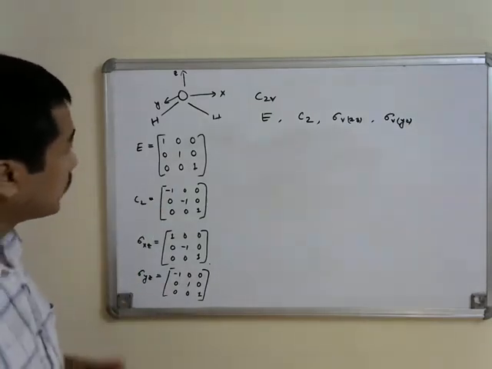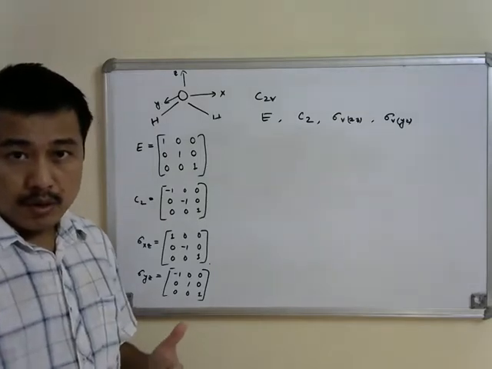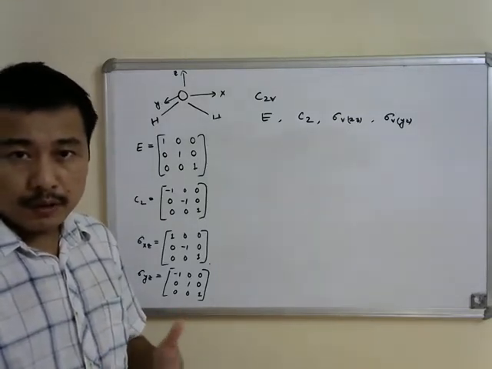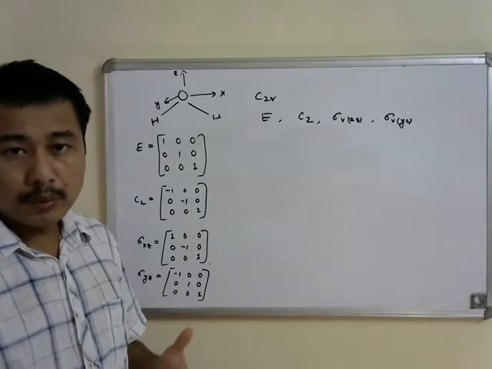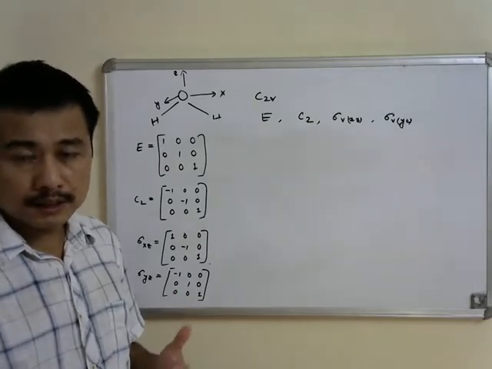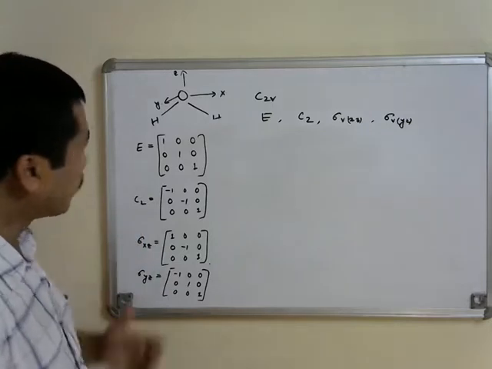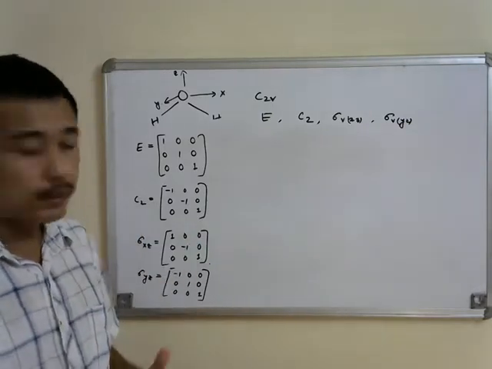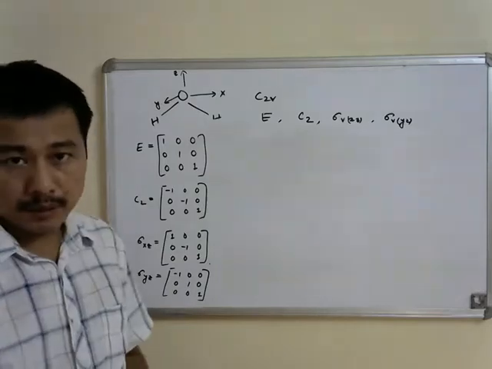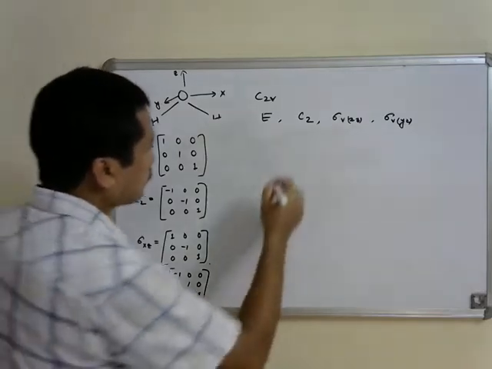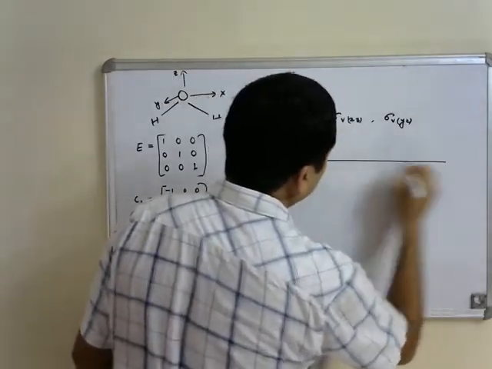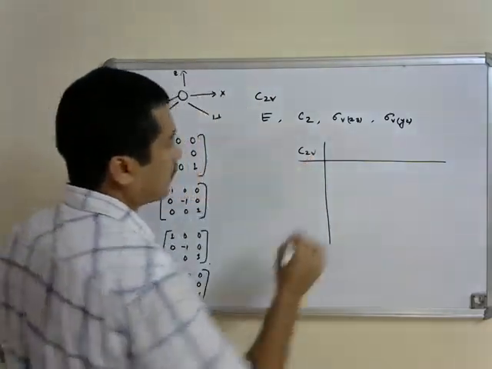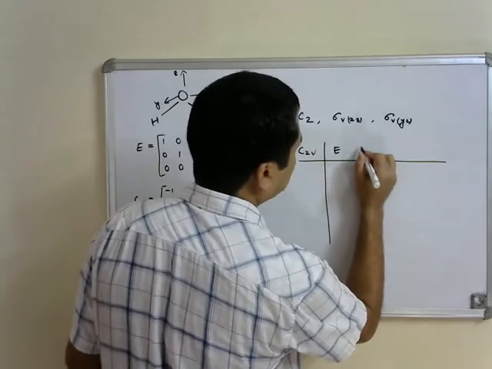Now what we can do is combine different symmetry operations, or find out the result of two symmetry operations done successively, by simply doing matrix multiplication for the matrices corresponding to the respective symmetry operations. That is, when we build the group multiplication table for the C2v point group.